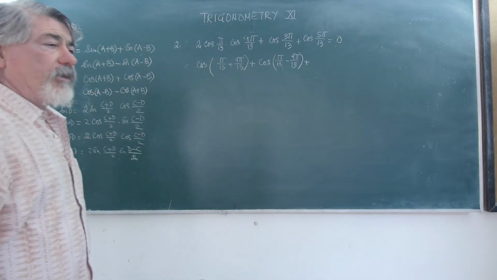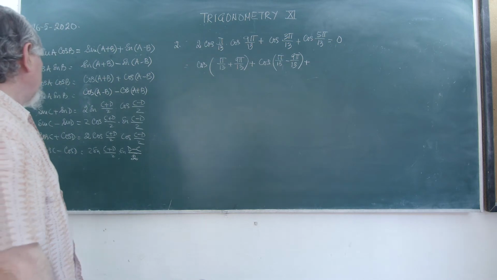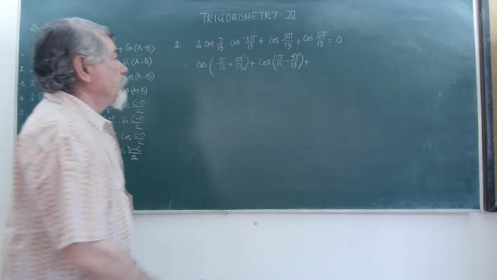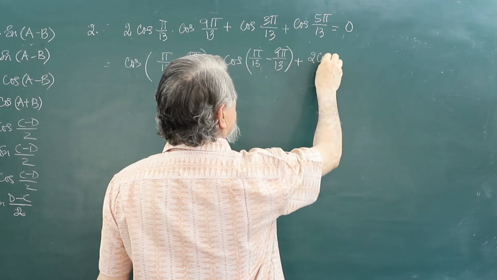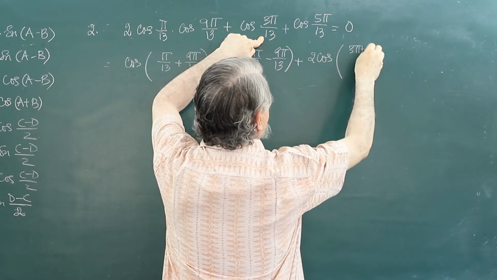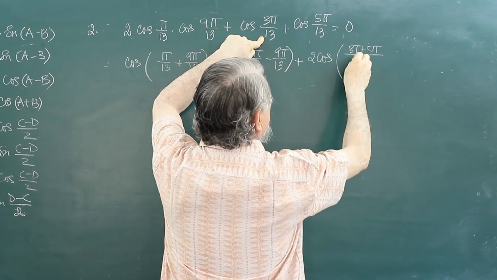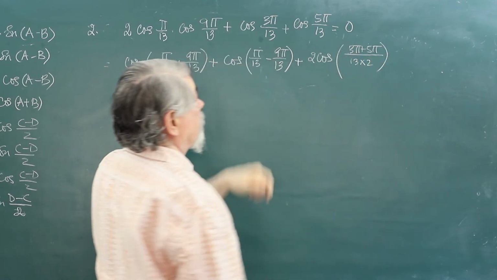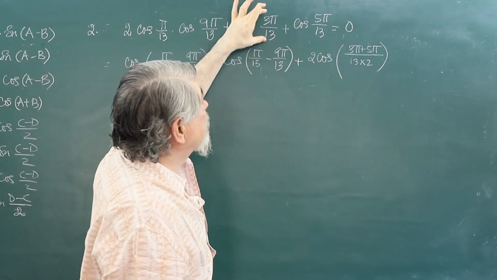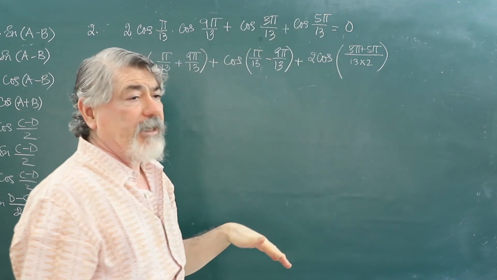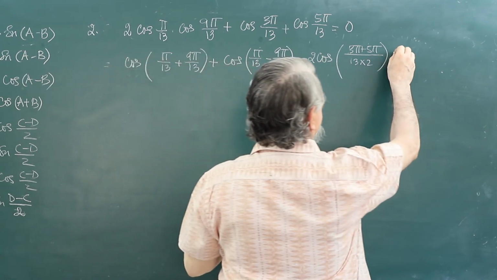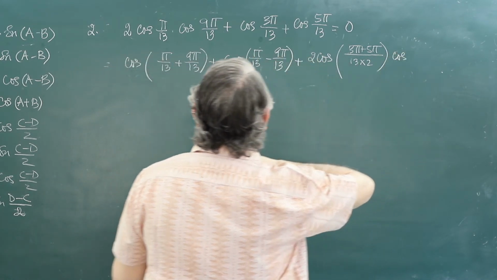You can apply here the formula of cos C plus cos D as well. Cos C plus cos D is 2 cos((C+D)/2) cos((C−D)/2). So let us apply this formula. 2 cos((C+D)/2): (3π plus 5π) upon 13 into 2, cos((C+D)/2). 2 cos((C+D)/2), (3π/13 plus 5π/13) divided by 2, so (3π plus 5π) upon 13 into 2, cos((C−D)/2).